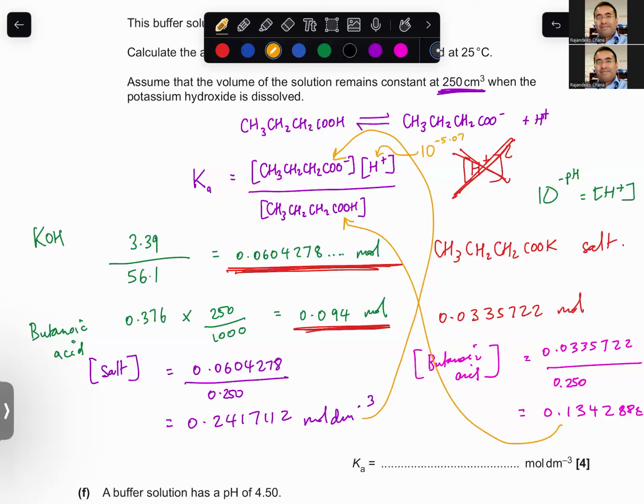And we'll give our answer to 3 sig figs, 1.53 times 10 to the minus 5. Yep, just the answer itself would give us all 4 marks. If the answer is wrong, then the examiners will start looking at your working out to see if you've gained some marks out of the 4.